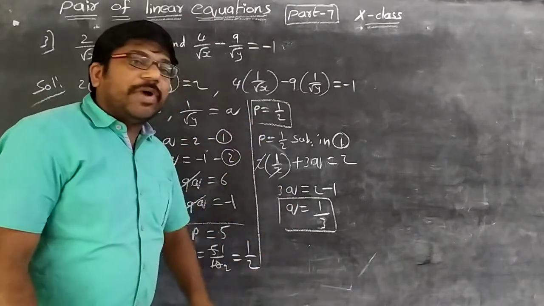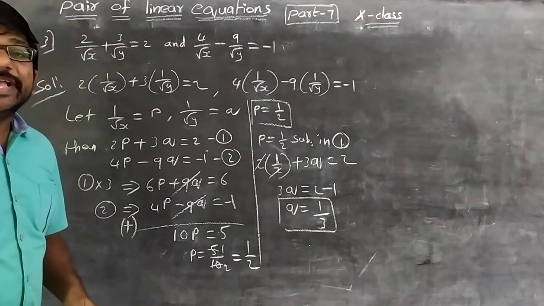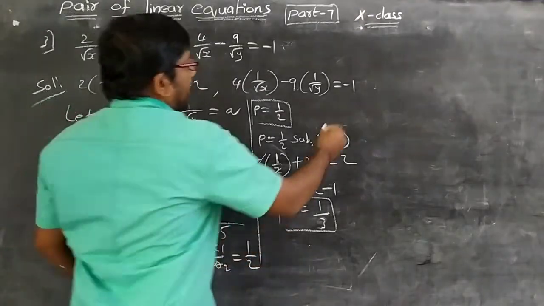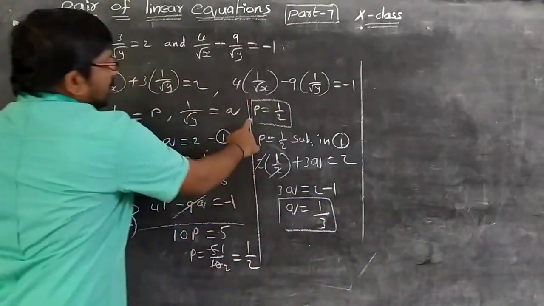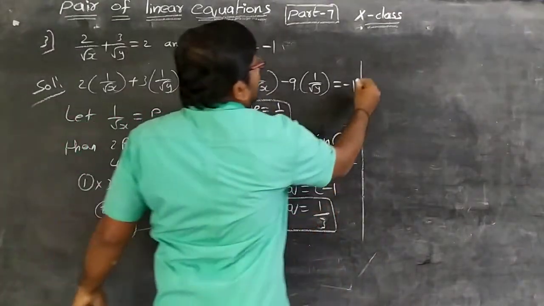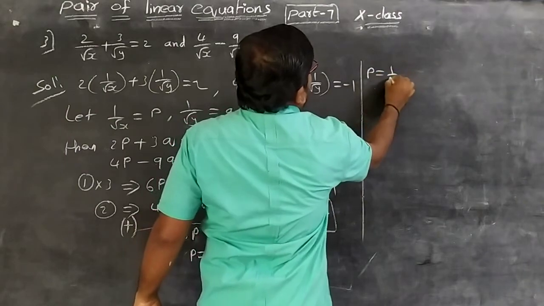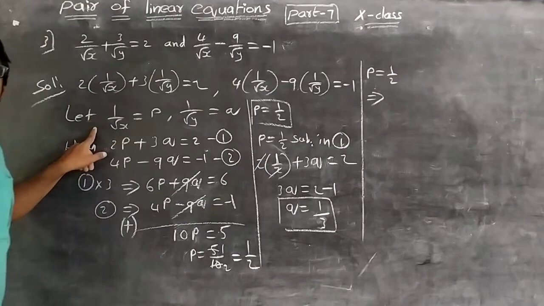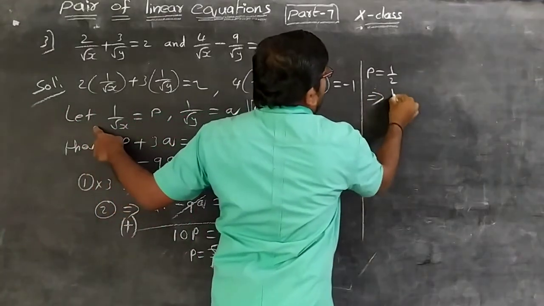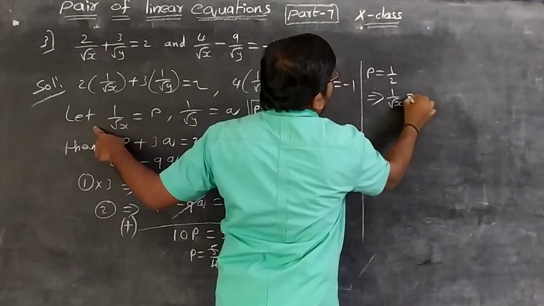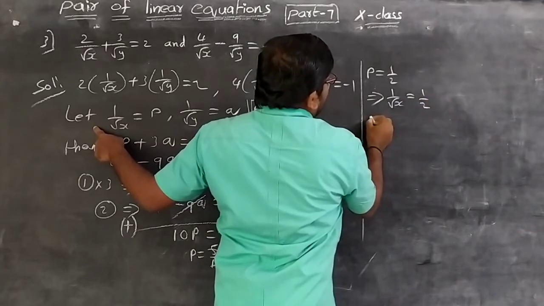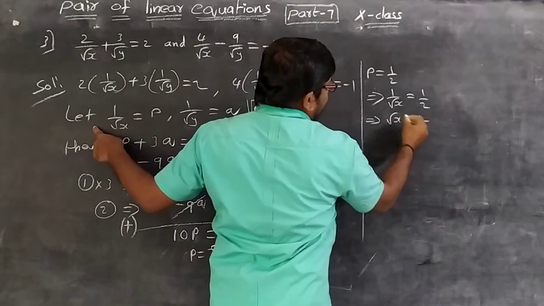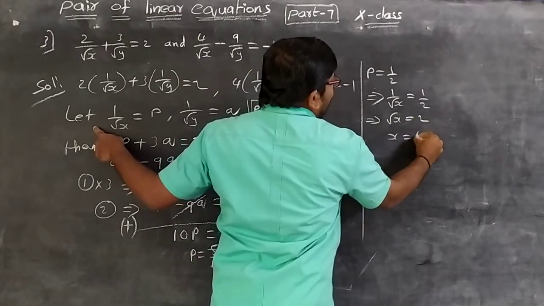From these two values we can find the x and y values in the given pair. First, p is equal to 1 by 2, and p is 1 by root x. So 1 by root x equal to 1 by 2, then root x equal to 2, then x equal to 4.